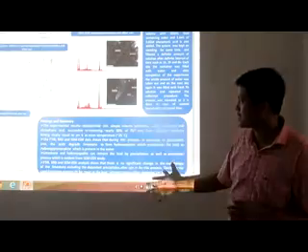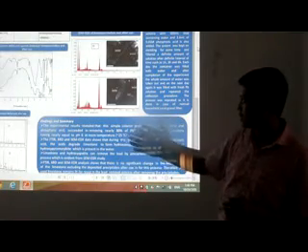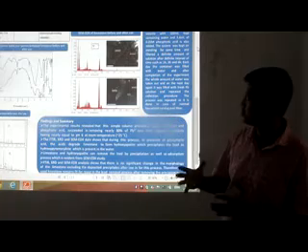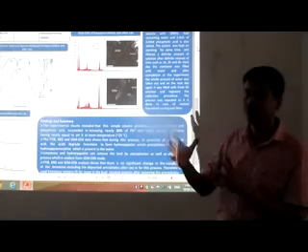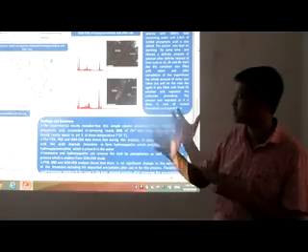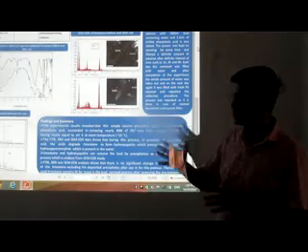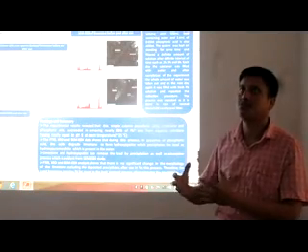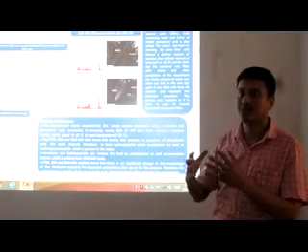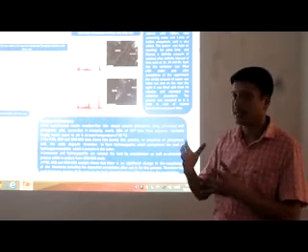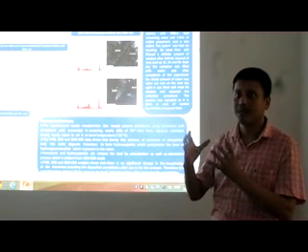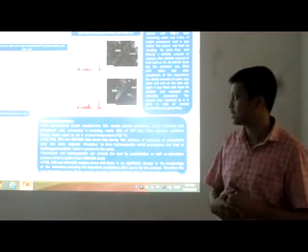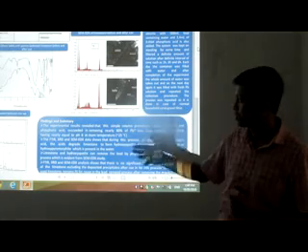So we can summarize the things. The experimental result has shown that we can remove nearly 80% of the lead present in the water, and the pH is also maintained. We hope that if we continue the experiment with different parameters for optimization, then definitely it will give us a method for removal of this lead.